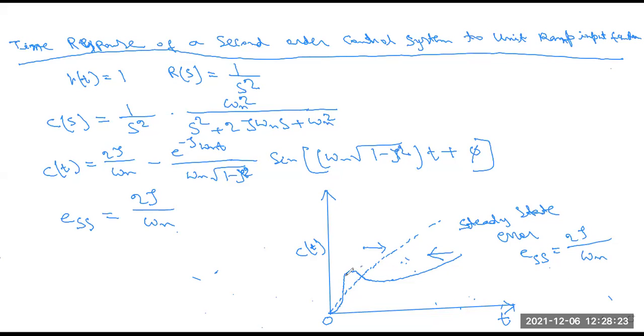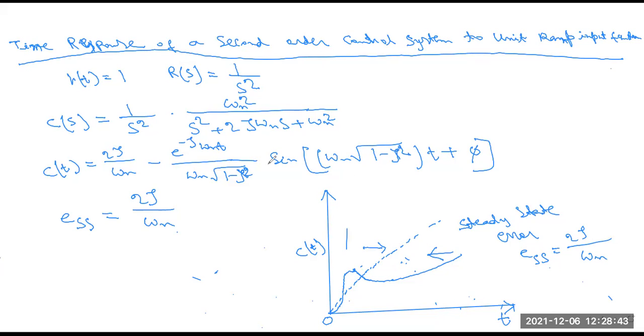And this is the maximum value of the output, and this is called the lagging time of the unit ramp input function. So please remember these things.